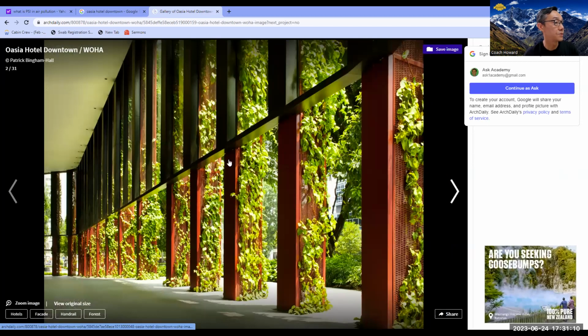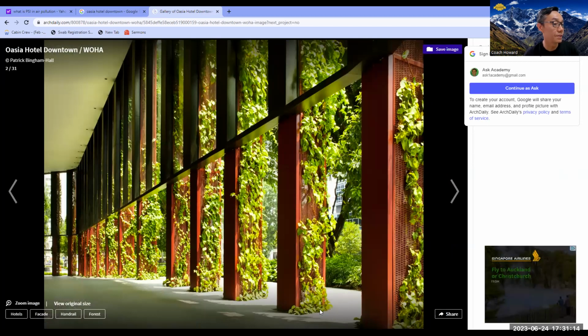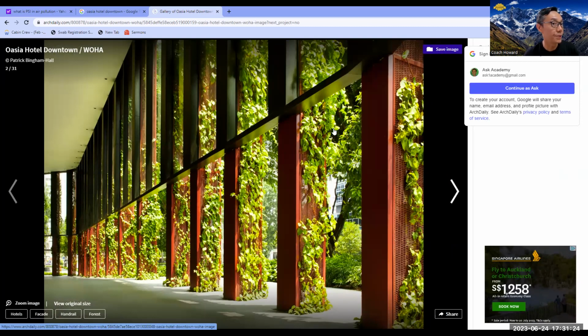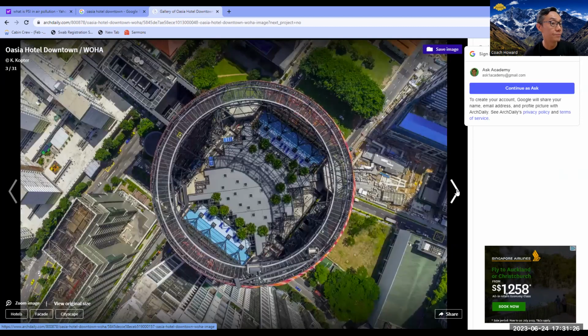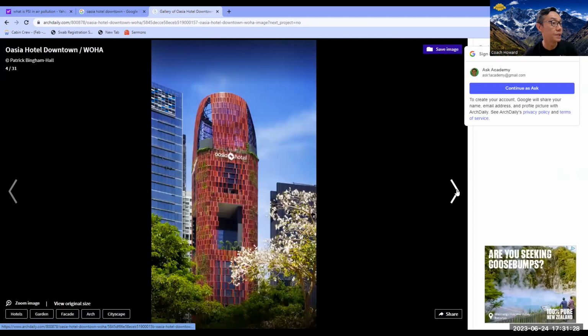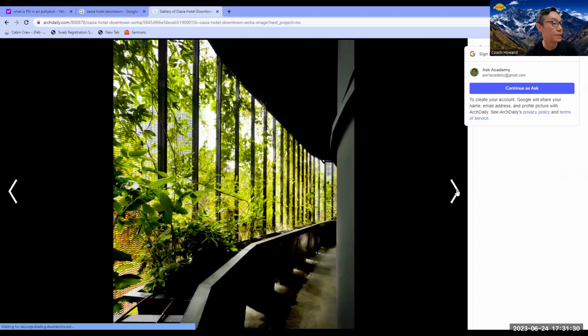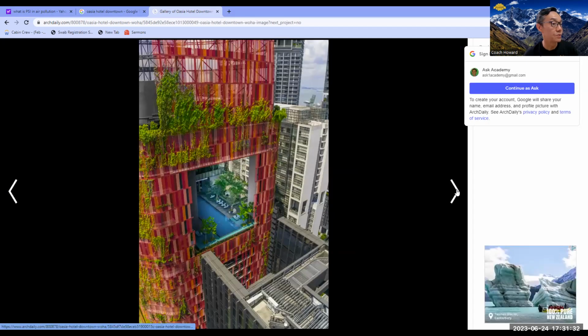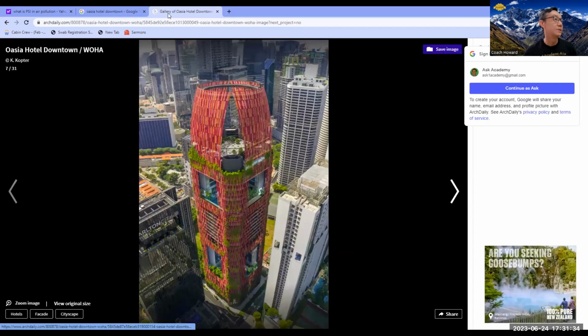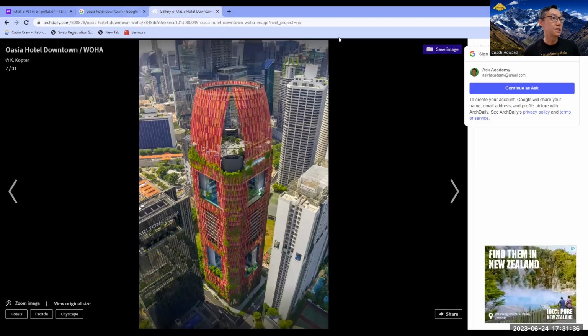You see these green plants over there. There are some smaller animals on the ground. They may be able to climb up this part, like insects or arowana, to have a habitat. Even birds build their nests up in the building, the Oasia Hotel. So it's a good place to visit, to study greenery in a modern city.